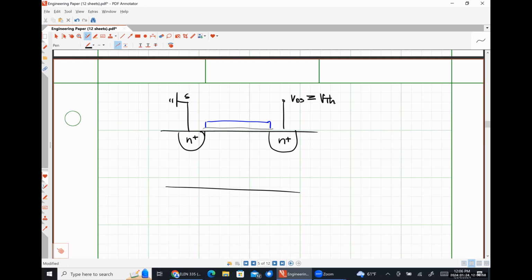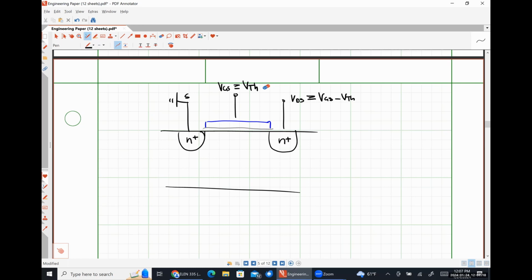Sorry, this should be VGS minus VTH. Let's not worry about the end thing. Okay, so this is the situation that we're starting with.